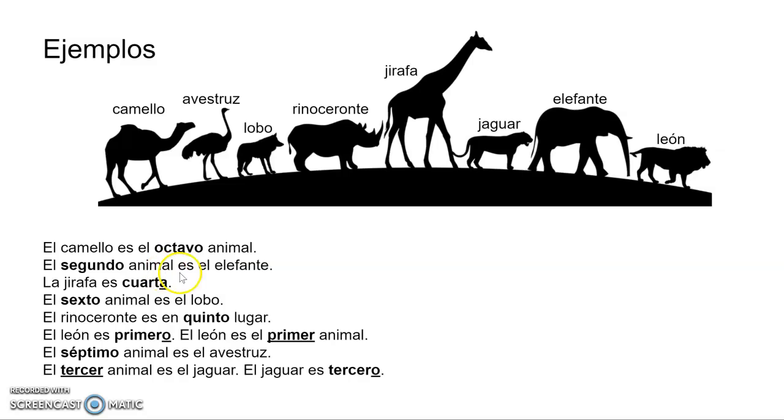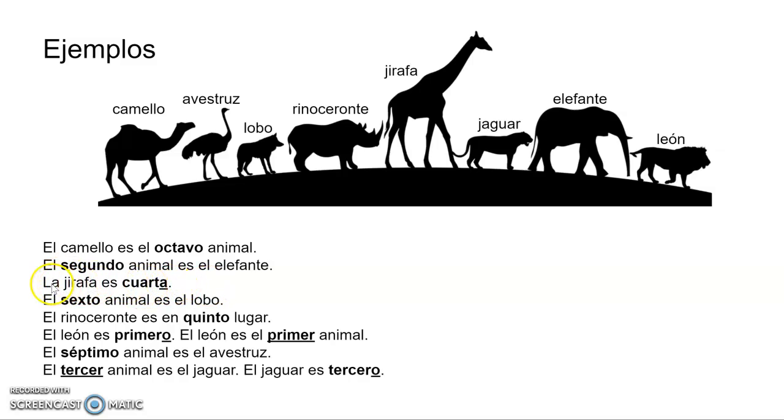El segundo animal es el elefante. La jirafa es cuarta. Notice here we use that feminine A ending. That's because cuarta is describing la jirafa here. It's not describing animal. It's describing jirafa, because we don't have the word animal in this sentence. If we said es el cuarto animal, then we'd want to match that.